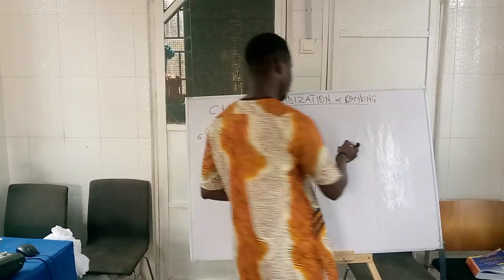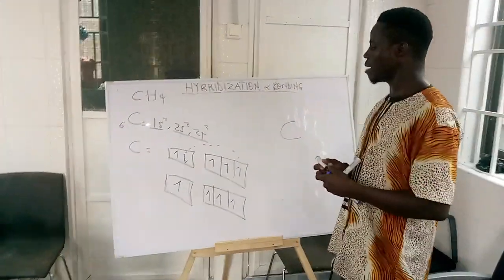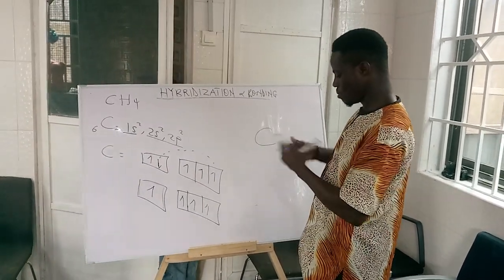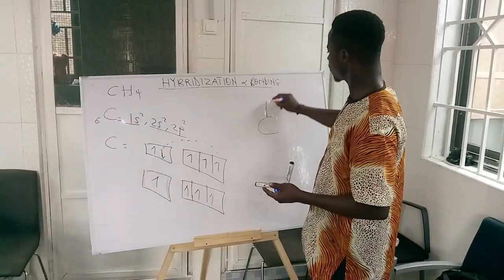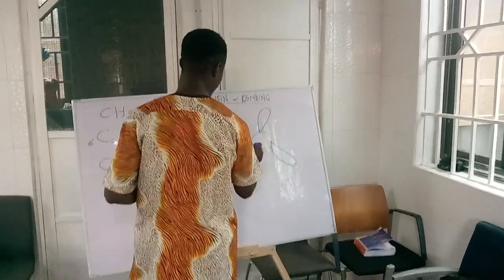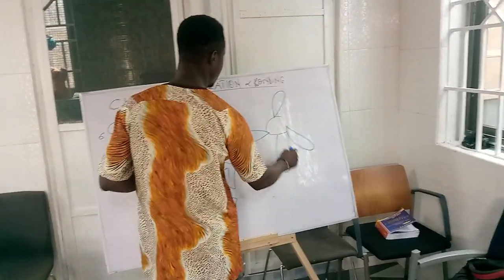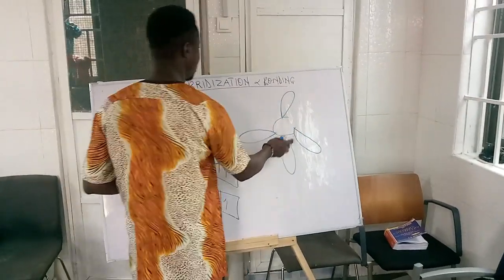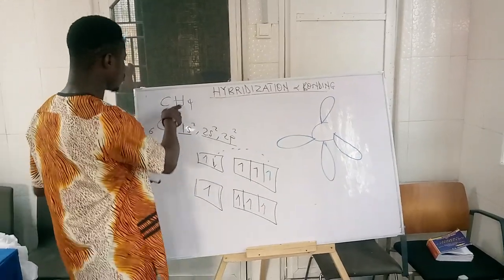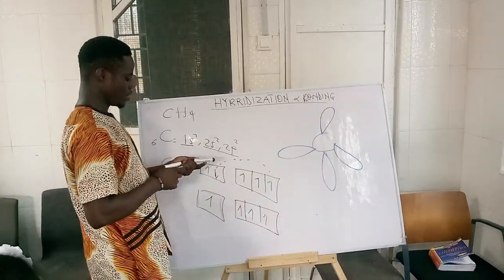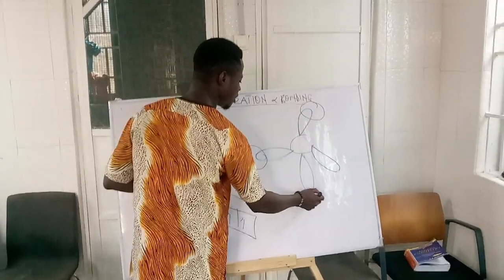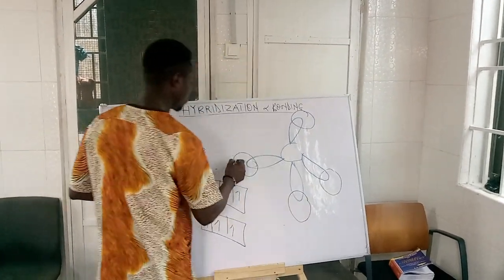So this is our carbon. This carbon is now having 4 hybrid orbitals. The first one will be here, another one is here, another one is here, another one is here. So this is my carbon. It's tetrahedral in shape. Now this carbon is bonded to hydrogen. Hydrogen is also spherical in shape. This is hydrogen, another hydrogen, another hydrogen, another hydrogen.